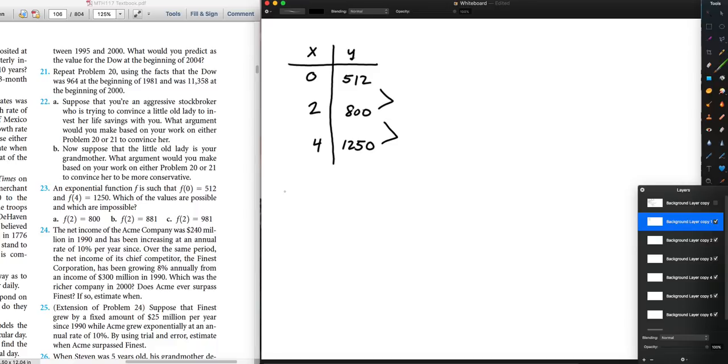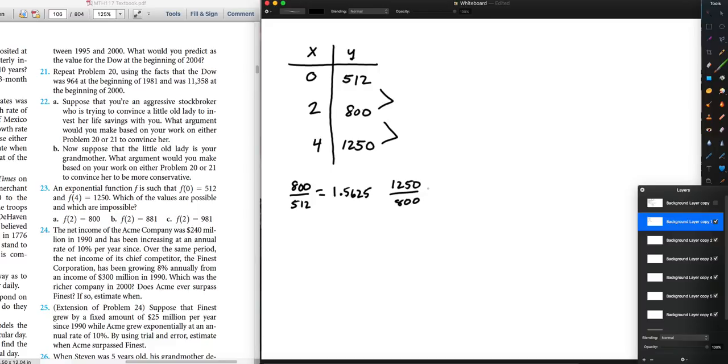So that becomes 800 over 512 and 1250 over 800. If 800 is the correct value, these should be the same. If I divide this out, I get 1.5625.